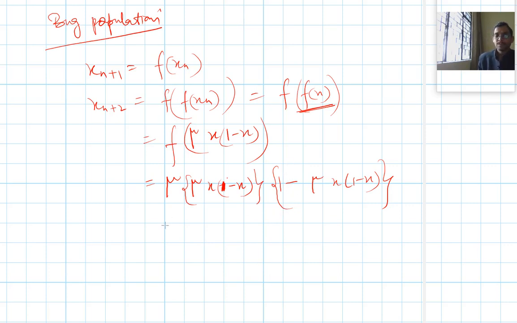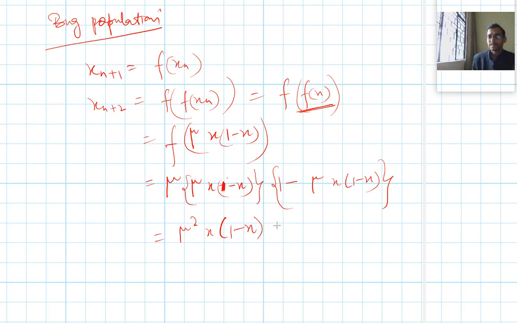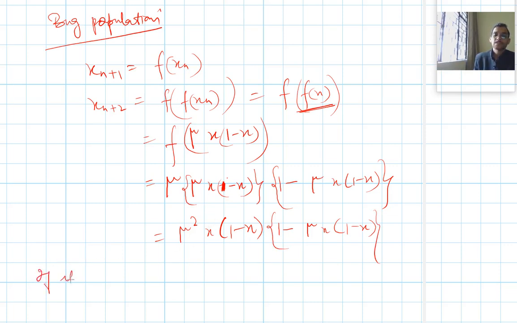So therefore it is equal to mu square x 1 minus x, and here it will be 1 minus mu x 1 minus x. This is very simple algebra which I am using, and if it satisfies the fixed point condition, then that is xn plus 2.